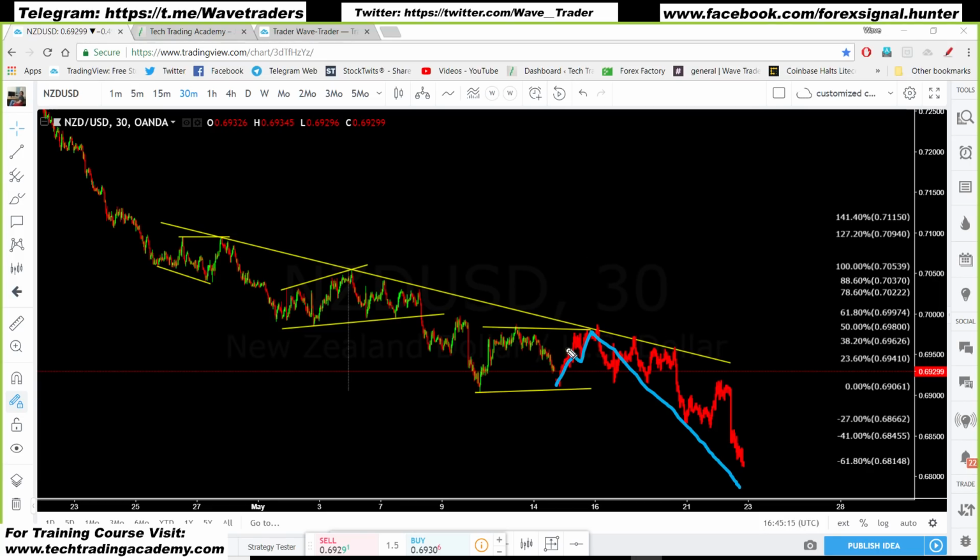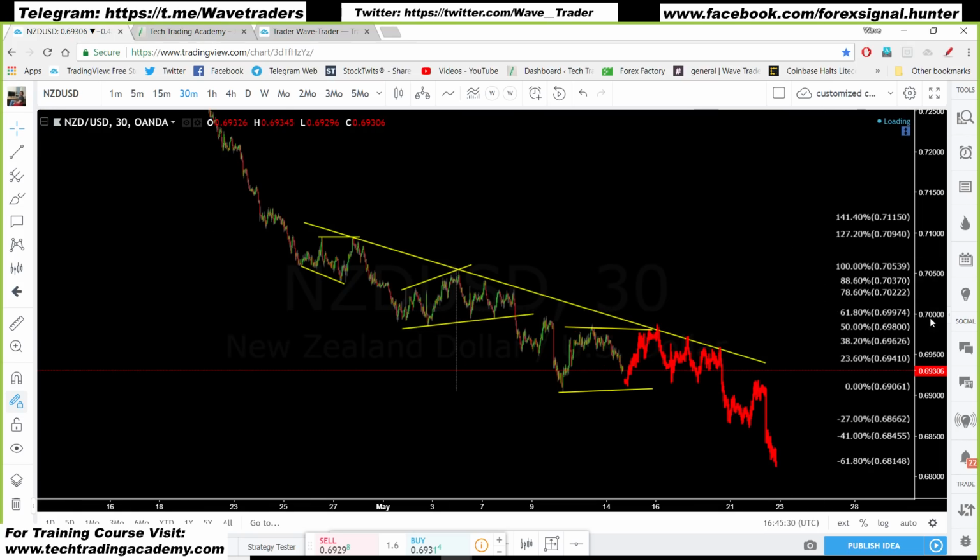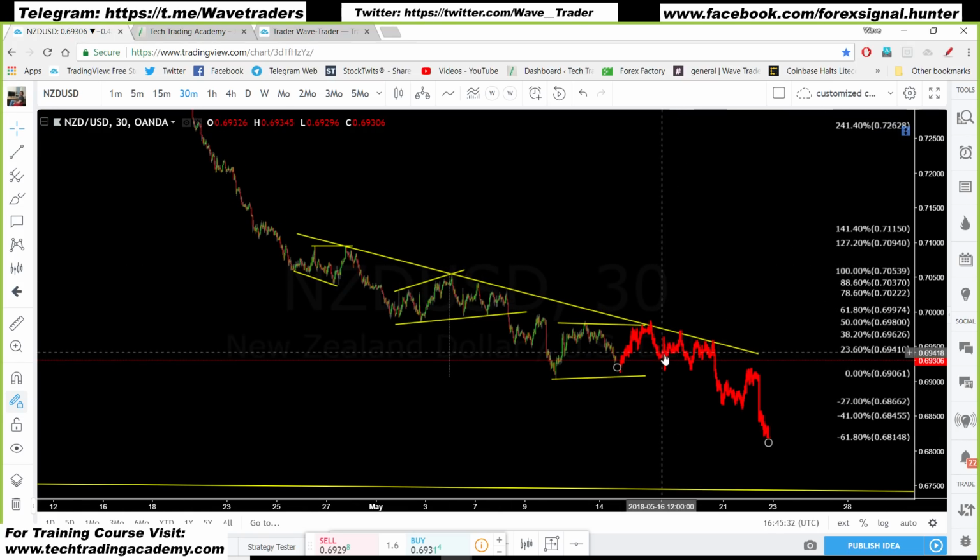Once price starts to break up this trend line aggressively, after hitting that bottom, simply start to buy the New Zealand dollar. Make sure you get into the market at a good price.